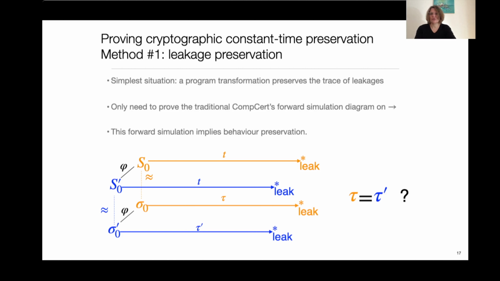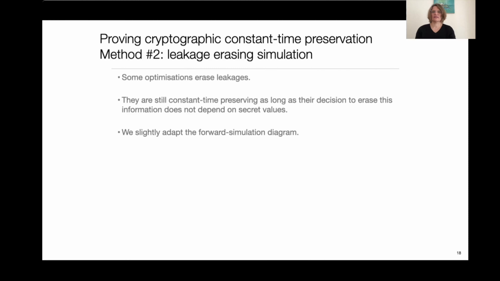And because the source program is constant time, they should emit the same trace T of events. Last, because we have proved a forward simulation, then we have the fact that tau equals tau prime. So this example shows that here we were able to reuse almost directly the existing simulation diagrams.